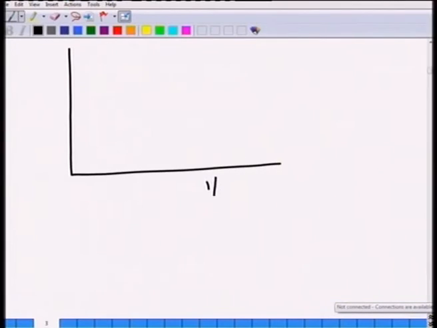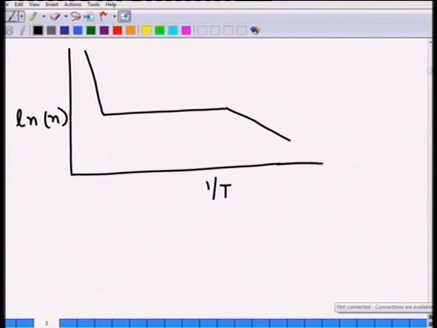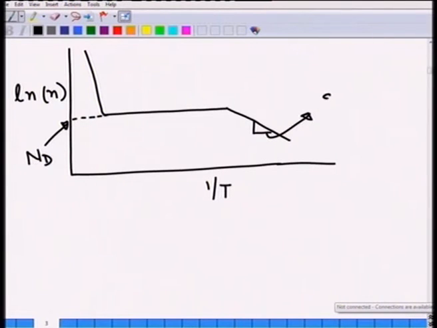So, the way I will plot it out is as follows. We will plot carrier concentration, log of N, something like this, and then I am going to plot a straight line like this, and this value of course will be equal to Nd, Na is 0 of course, and this slope will be equal to Ec minus Ed by 2k.